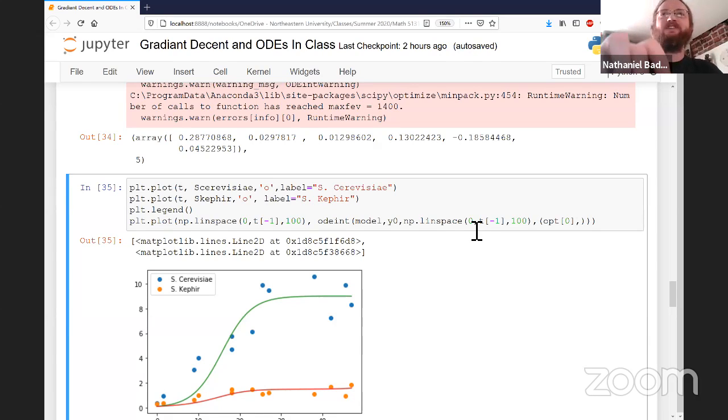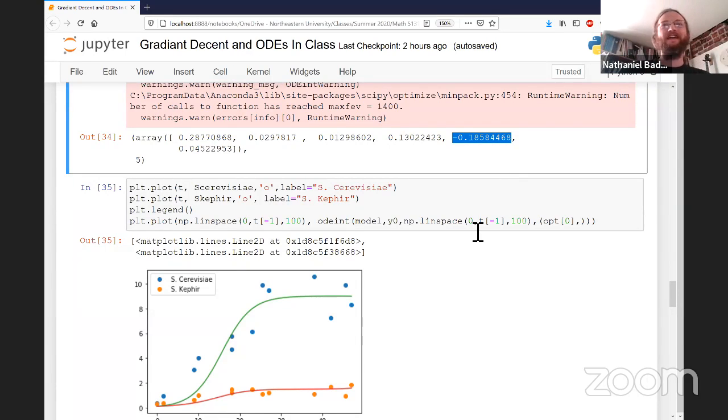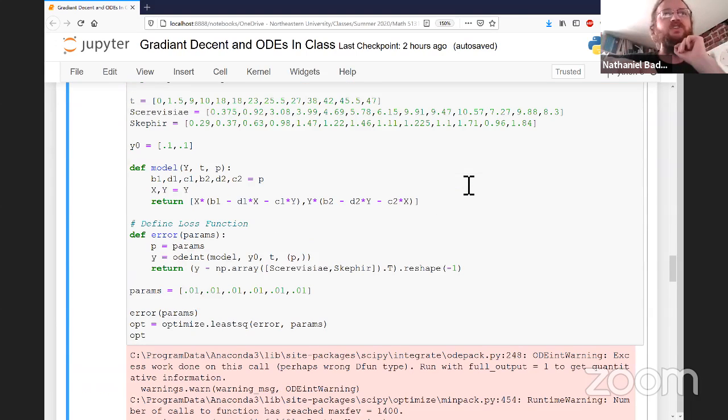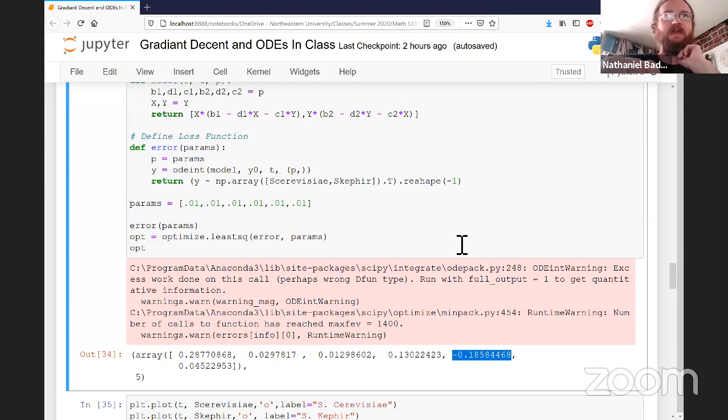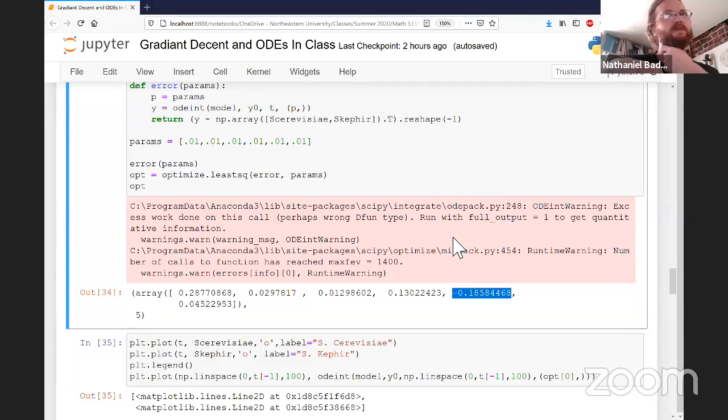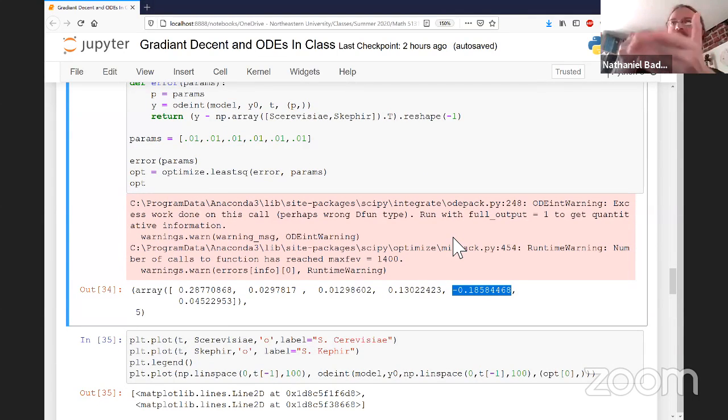So that is exactly correct. We have a negative value here. And that's a huge problem. If this was a competition term, for instance, then maybe it would be okay if one of the values was negative. It would just be saying that it's beneficial competition, not antagonistic competition.